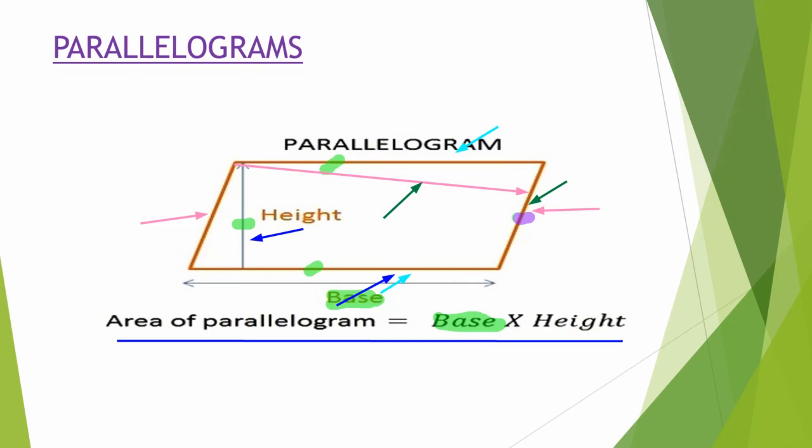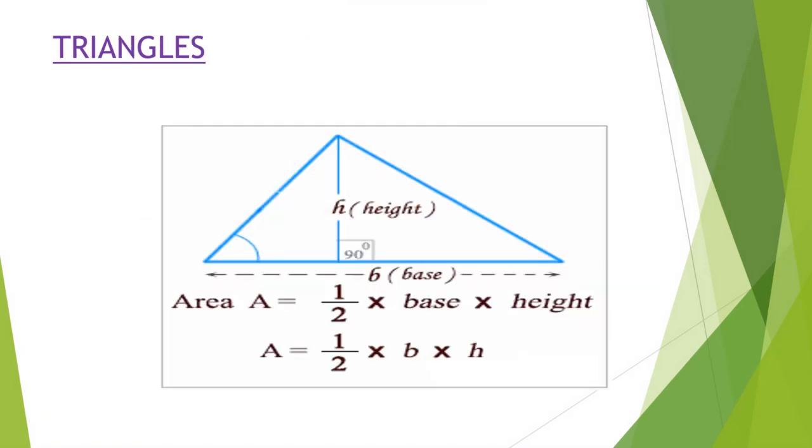Now the next figure is triangles. In a triangle also, any side of the triangle can be taken as base. For example, in this figure, this is taken as base, then the corresponding height is this.